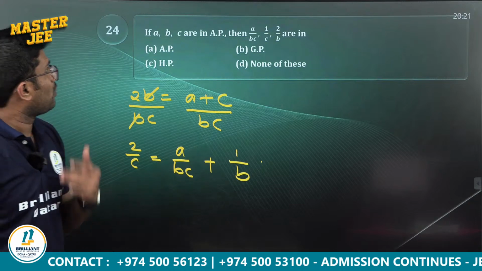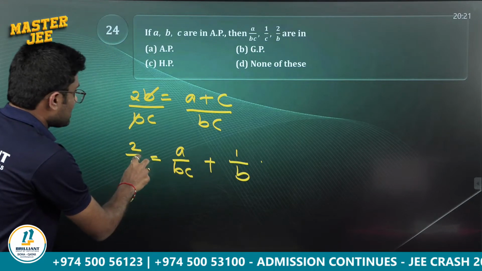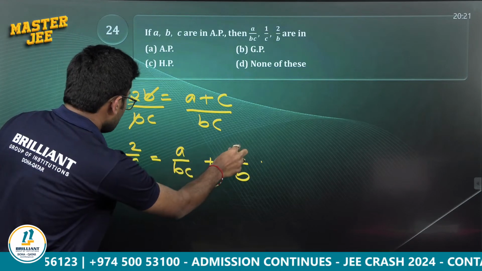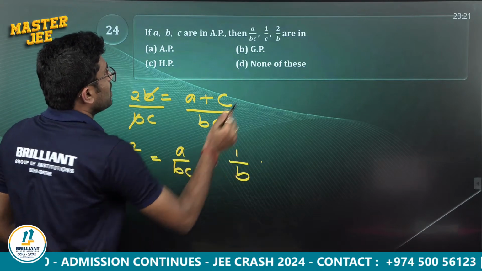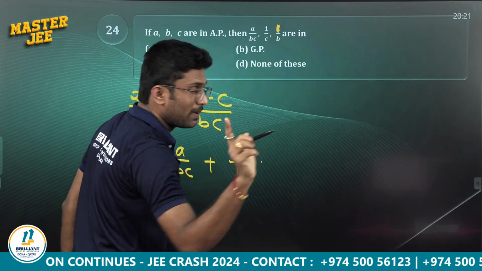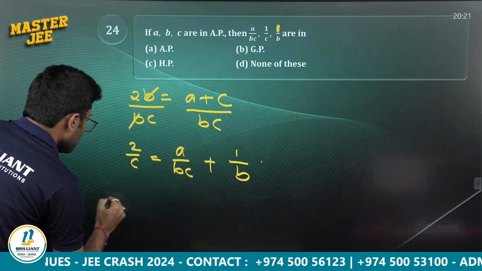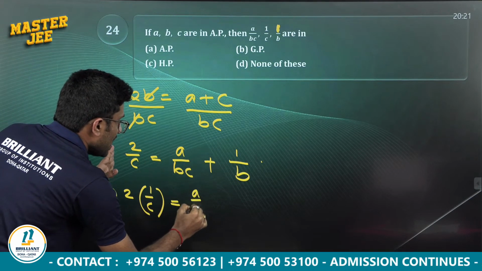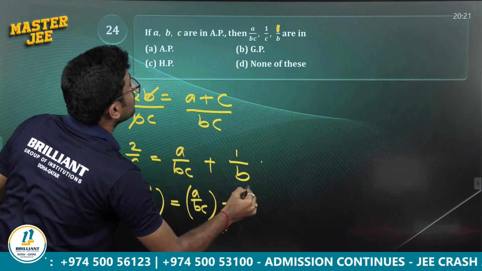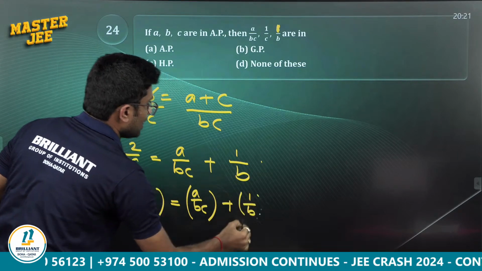So 2 by c is equal to a by bc plus 1 by b. It is 1 by b only, friends. Now you see, this is clearly 2 times 1 by c is equal to a by bc, one particular term, plus 1 by b, another particular term.